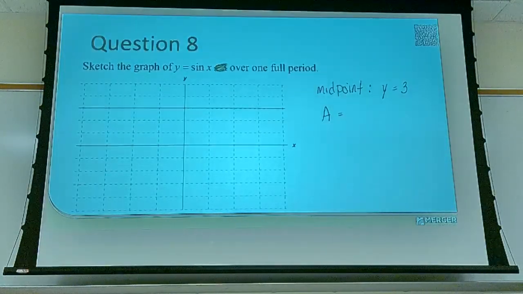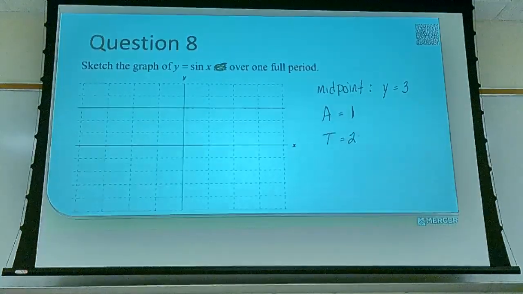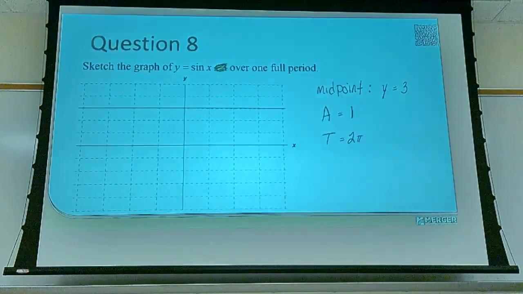What's the amplitude? 0. 1, I mean. 1. Remember, amplitude is height off the midline. Period. It's 2 pi. In this case, just 2 pi, right? Because it's 1 times x. So everything else is the same except the midline shifted.